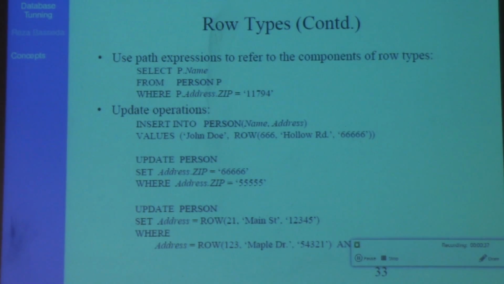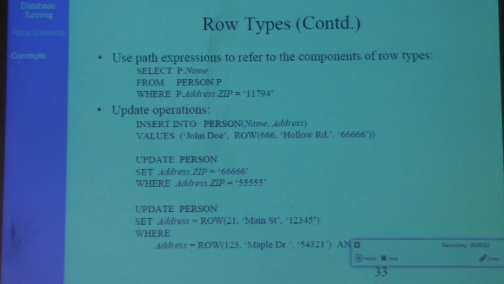Row means the row type. Row means that the type is a set of objects of tuples. Row means that you are nesting a table.